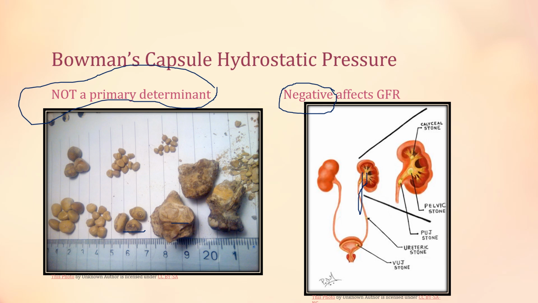So the Bowman's capsule hydrostatic pressure, normal value is 18 millimeters of mercury. It negatively affects GFR, and please remember, it is not a primary determinant. When there is lodgement of calculi or stone in the urinary tract, it increases, it opposes filtration, and thereby it can cause damage to the kidneys.